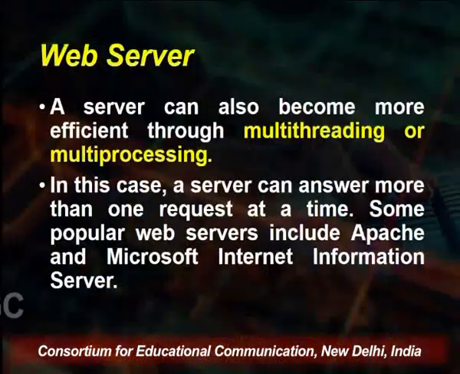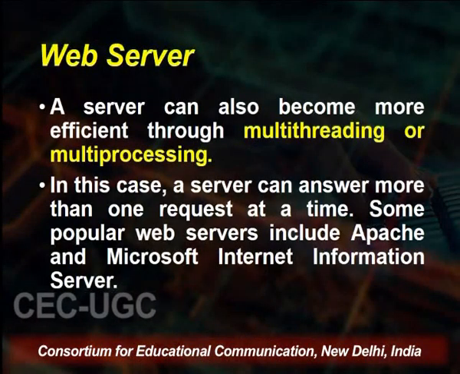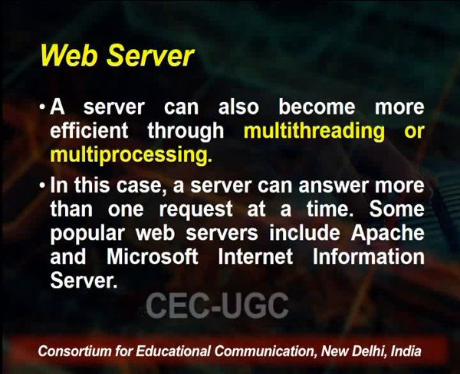Besides cache, servers also have other mechanisms like multi-threading and multi-processing, which allow them to accept and process multiple requests at the same time. So a server can answer more than one request.